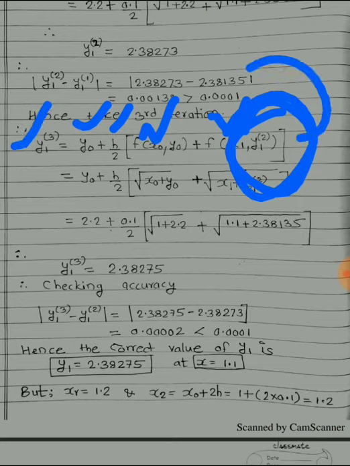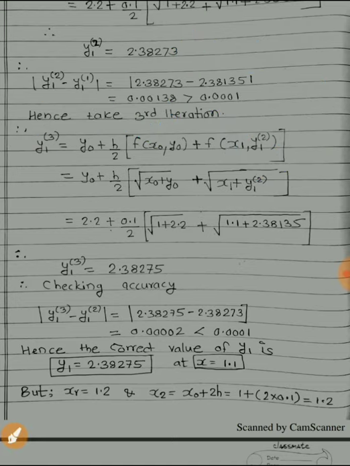So the earlier value which was calculated, that is y1 of 2, I need to take here, right? So the formula becomes y0 as it is, h by 2 as it is.